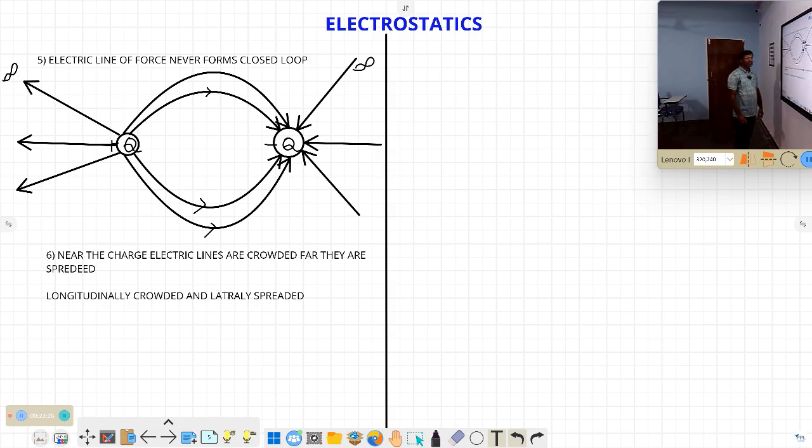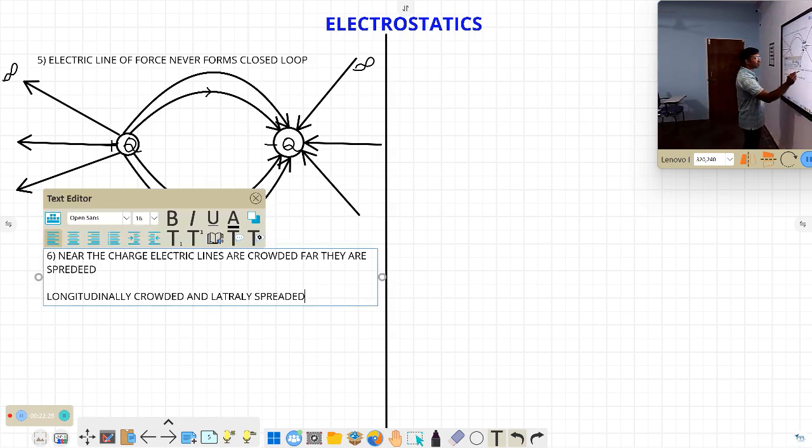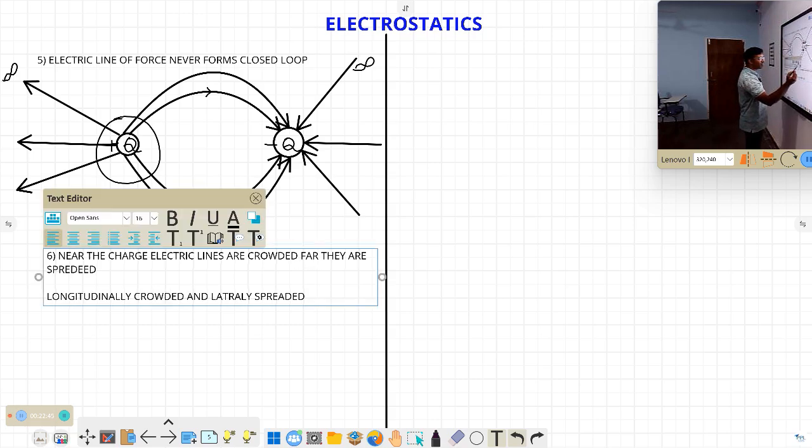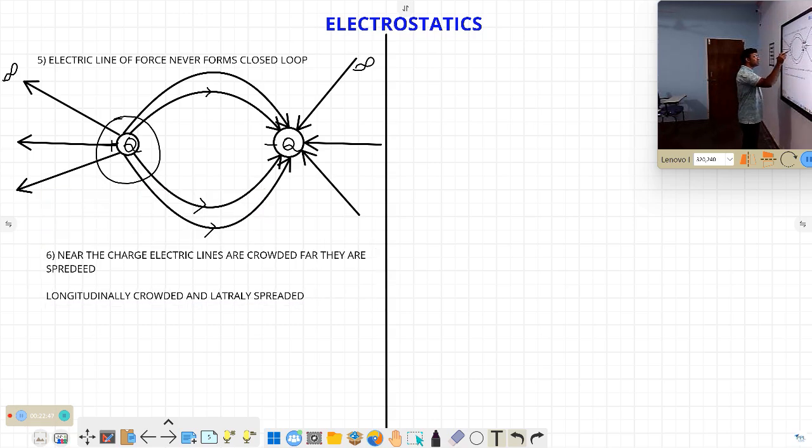Next property, near the charge, electric lines are crowded. If you see this positive charge, near it, in this region, all the lines are very close. So near the charge, lines of force are crowded, and far away they are spread out. If you go away, the lines of force are going to be spread. That is the concept: near the charge, electric lines are crowded, and away from the charge, they are spread.